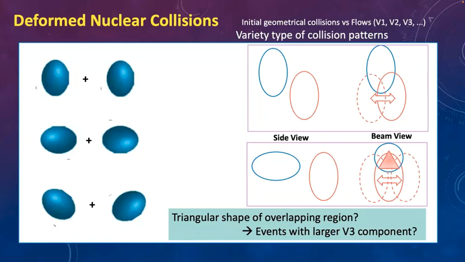I don't know, this looks rectangular, but are you sensitive to this v3 component for this? Yeah, I mean, what you do is, of course, average over all possible orientations. Right. So indeed, if you look at mid-central collisions, not the ultra-central, if you go away from ultra-central, you will see that beta 2 contributes to v3. Because of this, it's all statistical.